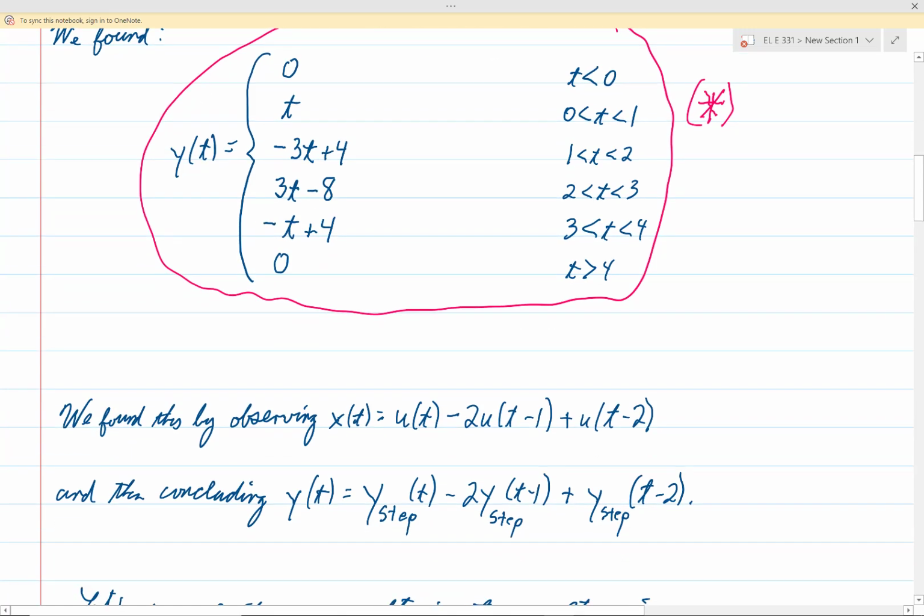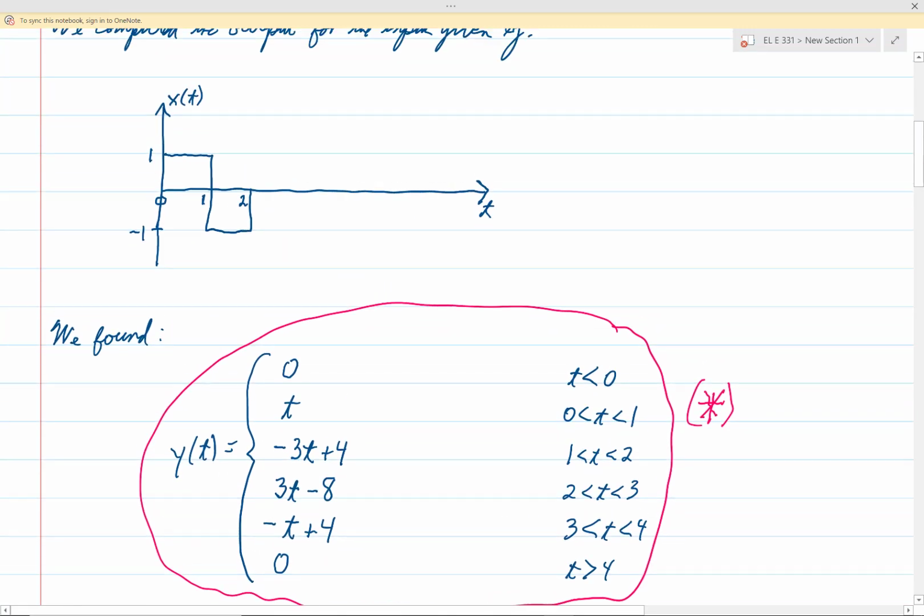Okay, and just to briefly review how we solved this problem before, we started by observing that the input is equal to u of t minus 2u of t minus 1 plus u of t minus 2. You can see that right up there.